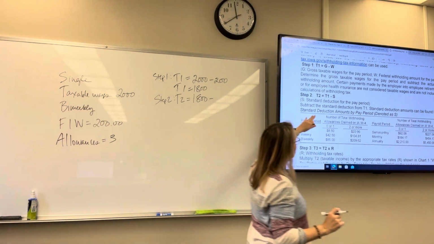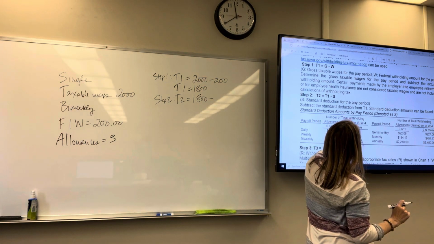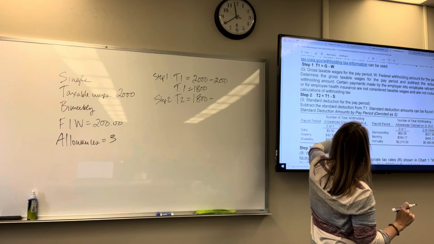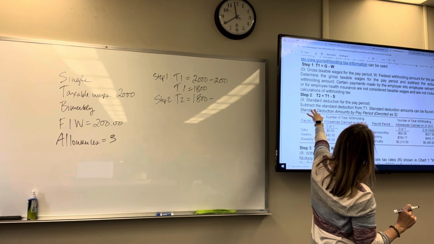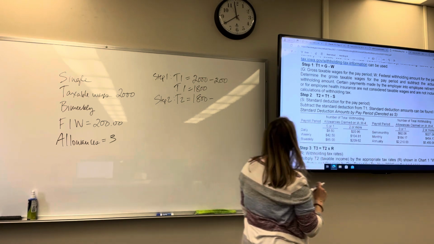So 3 times 2 or more, oh actually we're not multiplying that, it's just a flat amount. So standard deduction amounts, we're going to subtract 209.62.